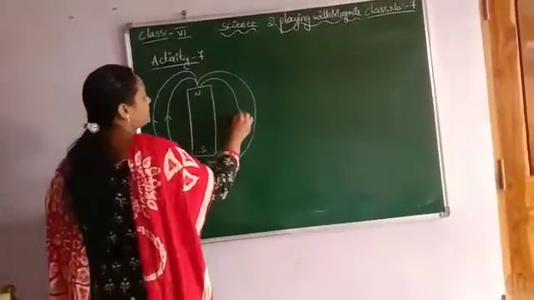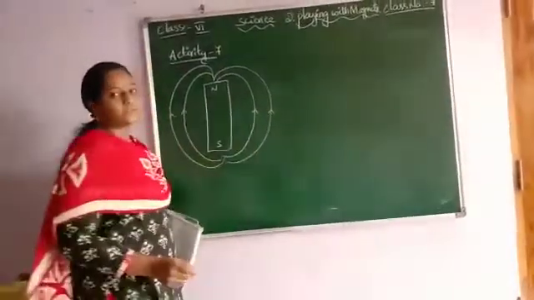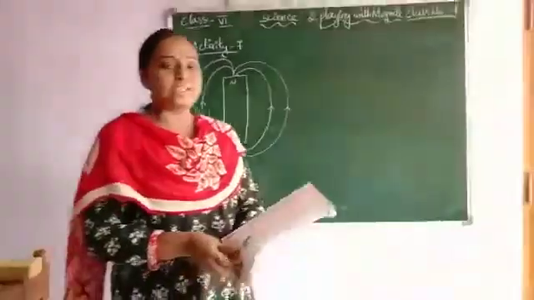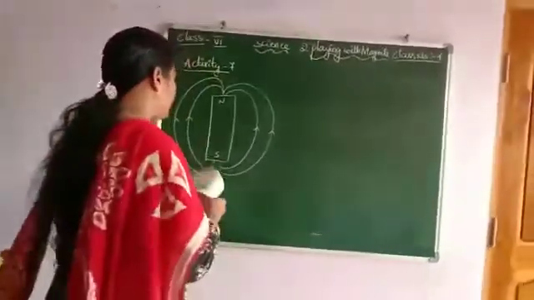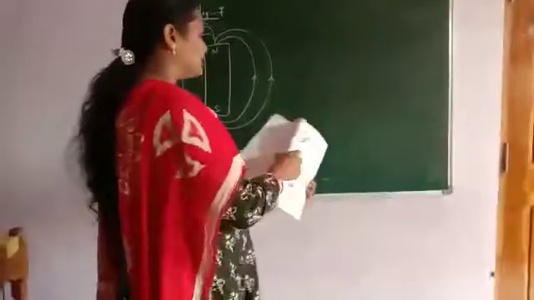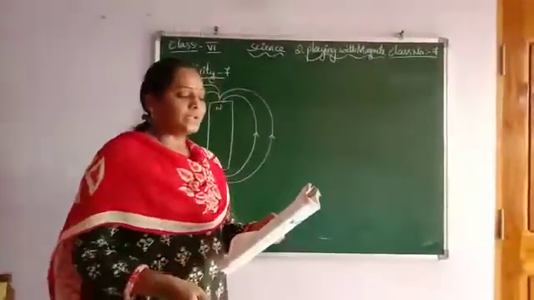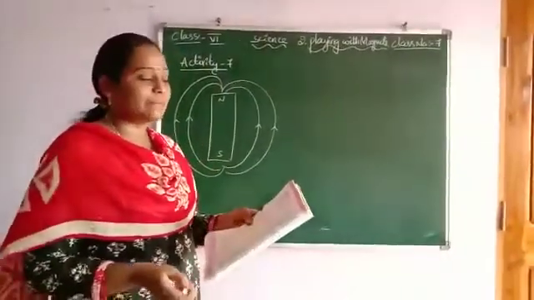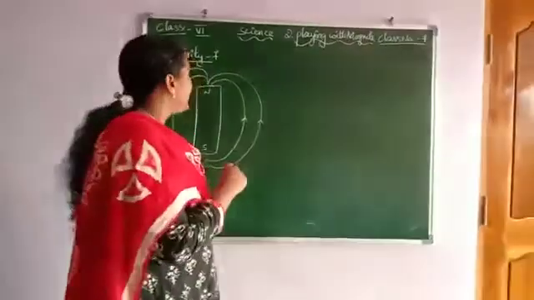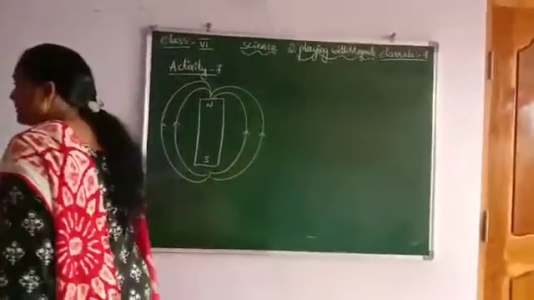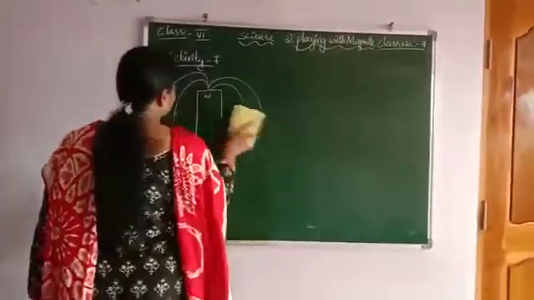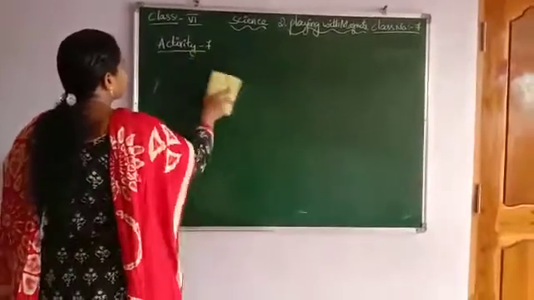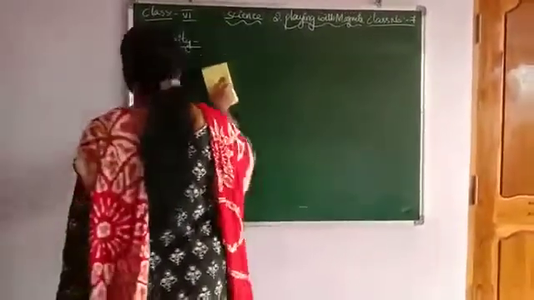It is going to attract the particular poles. And in the next activity, activity number 8, we are going to learn how to find out whether a given object is a magnet or not.